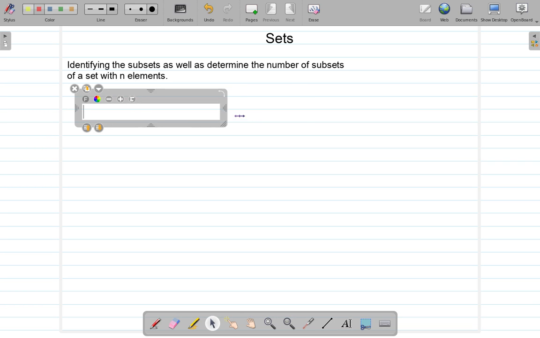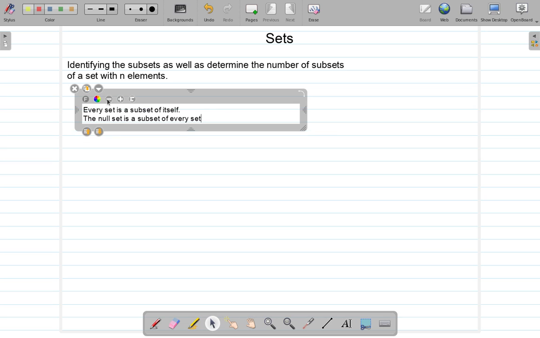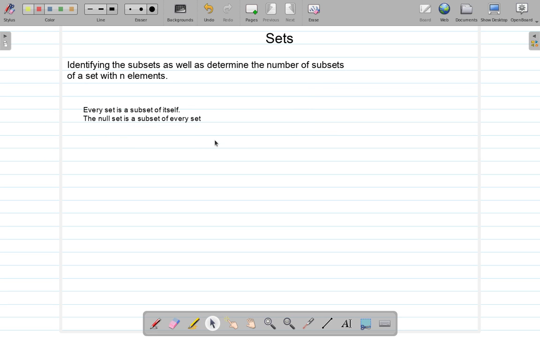We want to note that every set is a subset of itself. That's the first thing. The other thing is the null set is a subset of every set. Okay? So I want to just make a note of that.